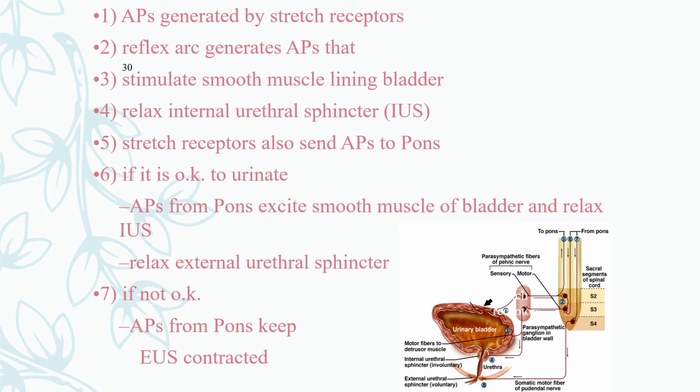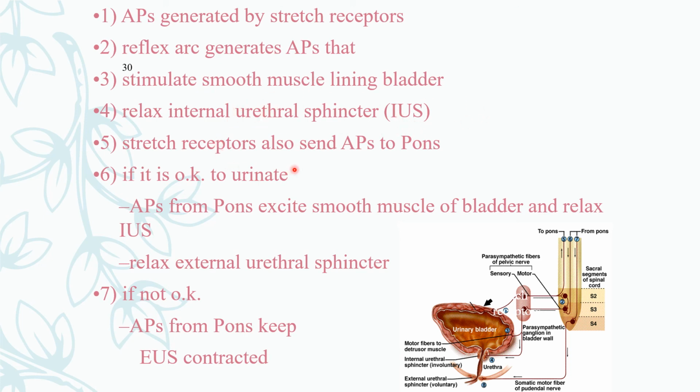So again, once that urinary bladder gets filled up, we are going to stimulate the smooth muscle lining, and this will cause, we have two different sphincters. We have an internal urethral sphincter, and then we also have an external urethral sphincter. Again, the internal is a smooth muscle. Okay, so again, I'm not in control of this one.